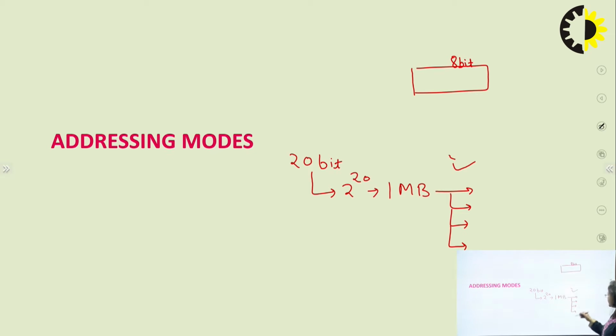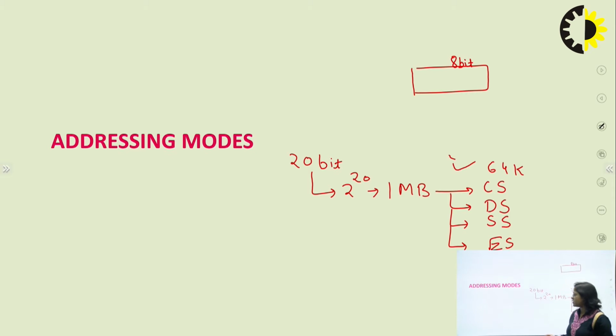Out of these various segments, for a single program, 4 segments are accessed at a time, called the code segment, data segment, stack segment and extra segment. Each of these segments is of 64K.